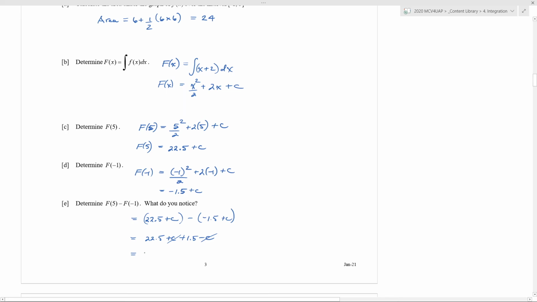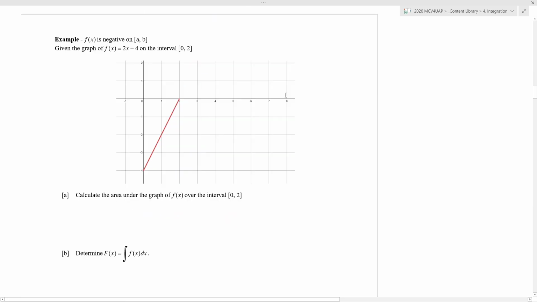Let's see what happens now if f of x is negative. So the third example, we've got y equals 2x minus 4 on the interval from 0 to 2. Calculate the area under the graph. So that's just a triangle. Now, we're being asked to calculate the area.